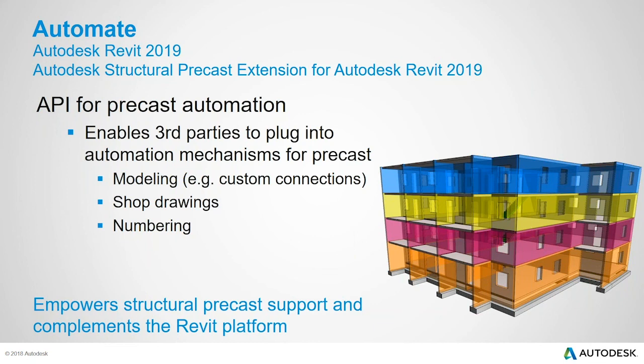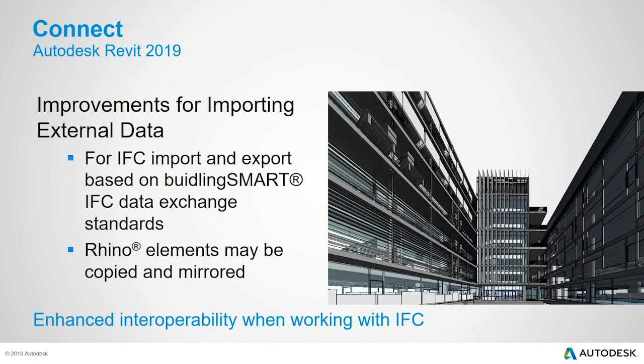Revit dedicated APIs allow configuration of modeling such as segments or reinforced rules, position of lifts and connectors, also documentation. Connection, being able to import-export data from either an IFC file or from a Rhino element.